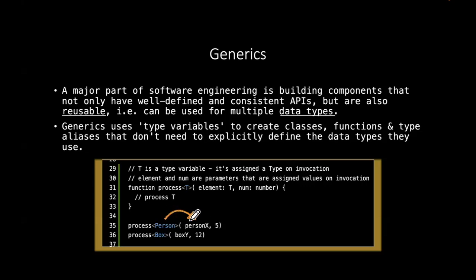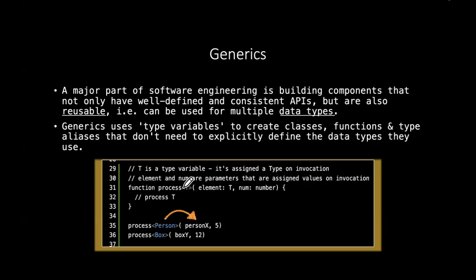Otherwise, the compiler is going to complain. I'm invoking the same function with a box type, which again, presumably I've declared somewhere. And presumably this variable here is pointing at an object of type box. So the syntax anyway for generics is these angle brackets.